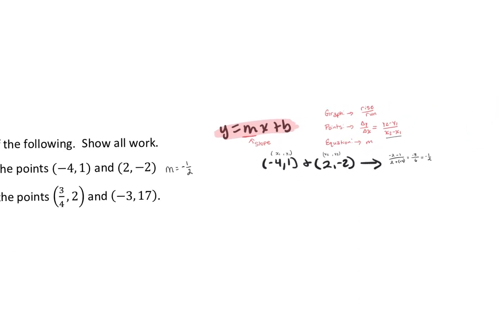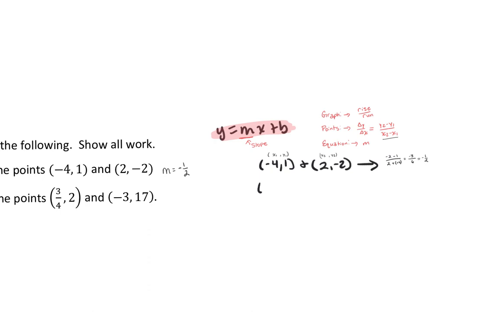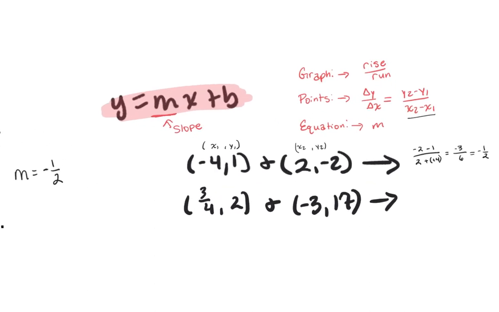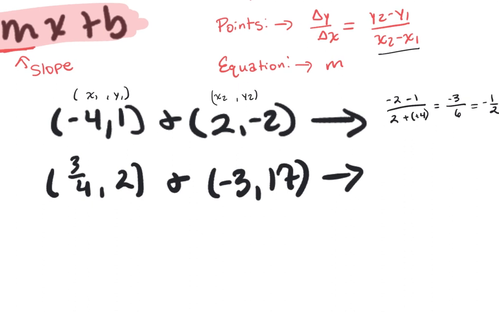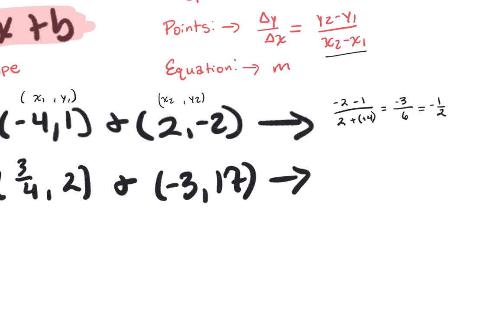You're also given 2 points. So our 2 points are (3/4, 2) and (-3, 17). And I'm gonna go ahead and treat them the same way. Our x1, y1 are on the left side, and our x2, y2 are on the right side. So if we do our y2, that'll be our 17, minus our 2, all over our -3, minus this 3/4.